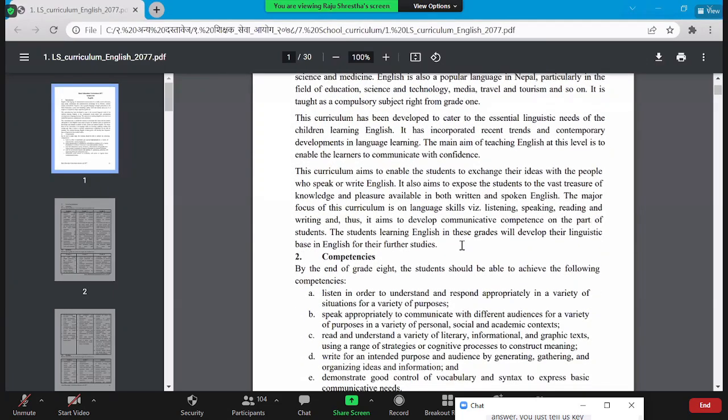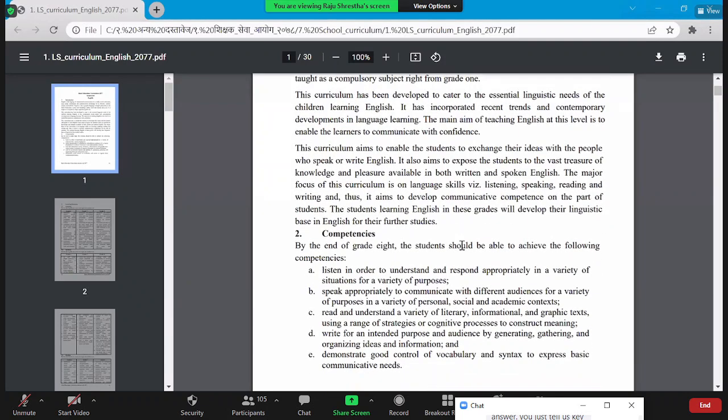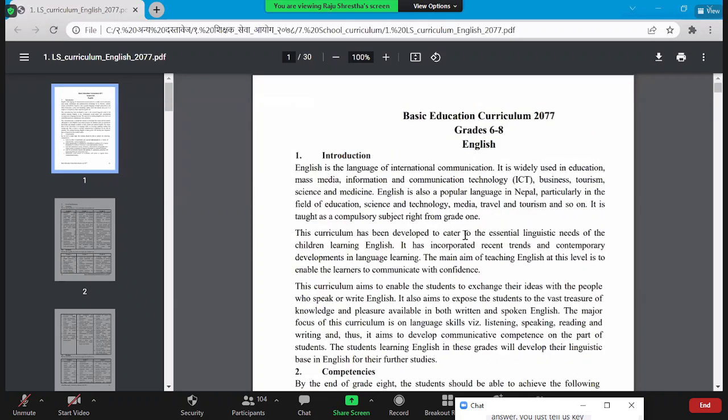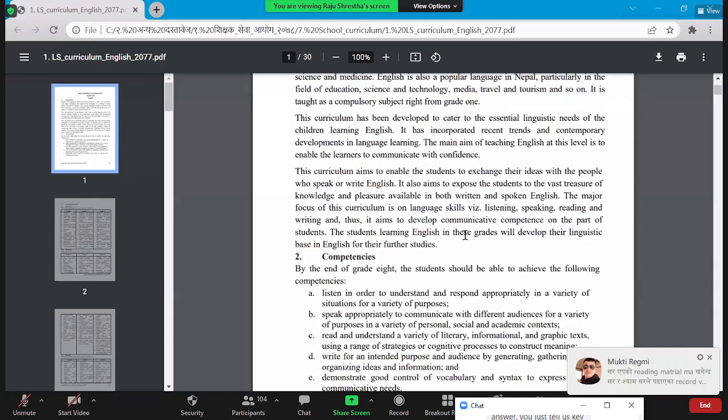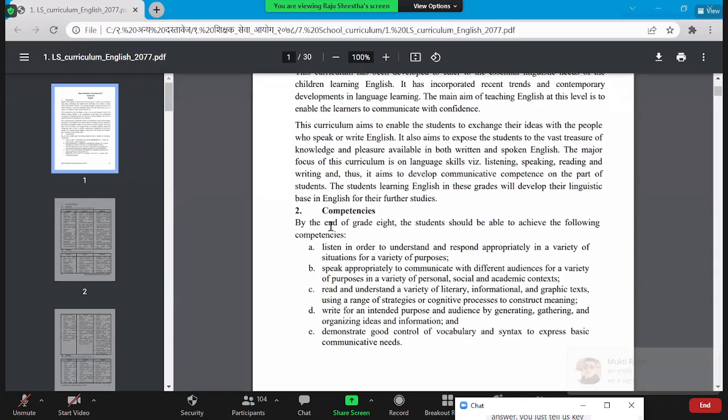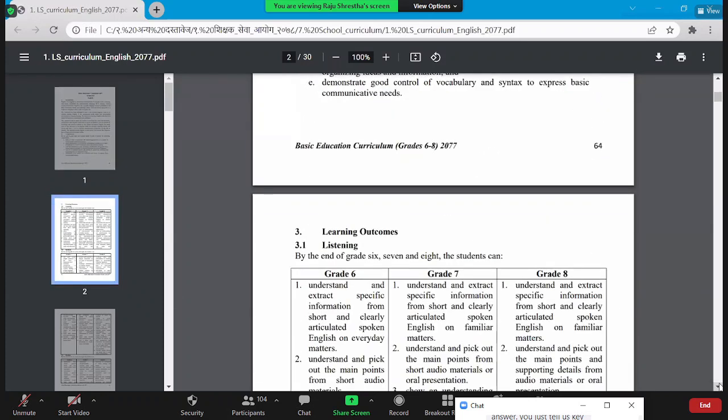What are the objectives of teaching English to the lower secondary? This is the answer. You have to list out the competencies for the lower secondary level. These are the competencies and these are the objectives. We write like this.